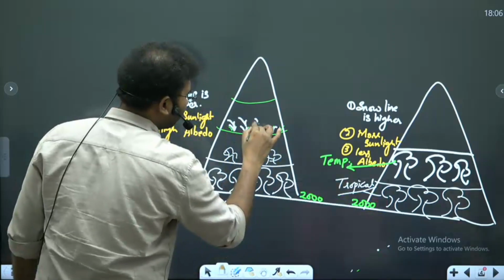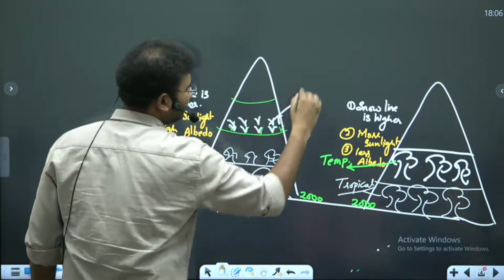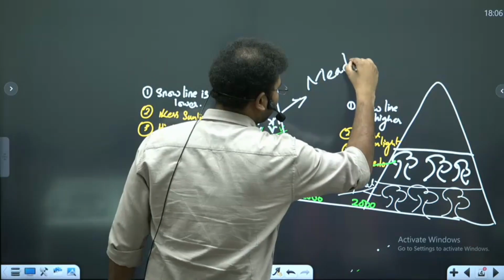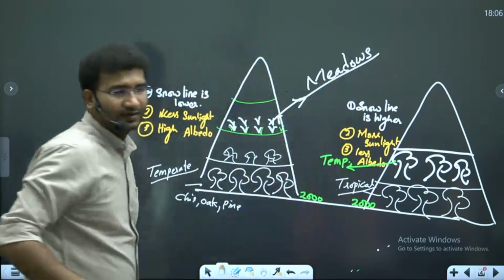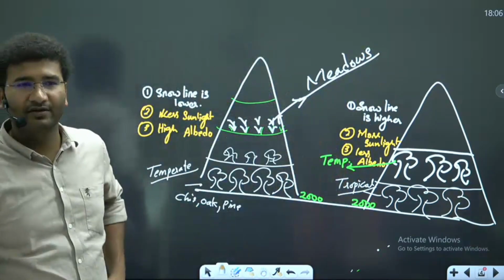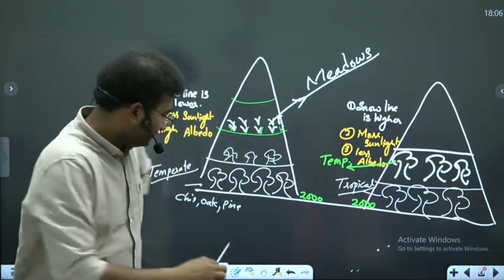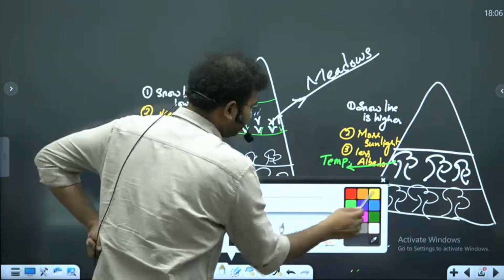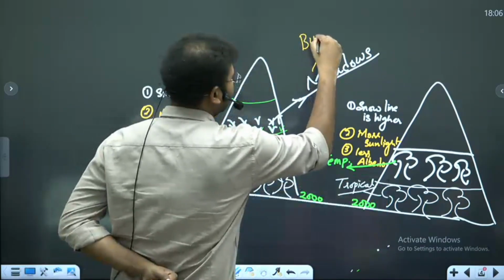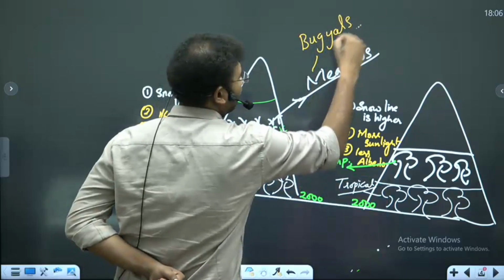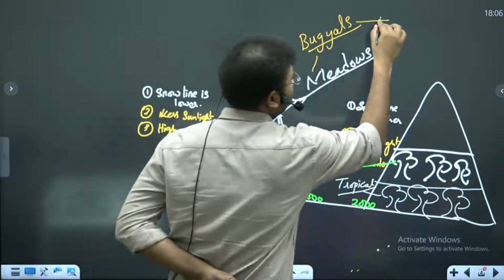Now the grasses here are given a unique name. These are called meadows. Now what is the name given to these meadows? Bugyals. Now who stays in Bugyals?